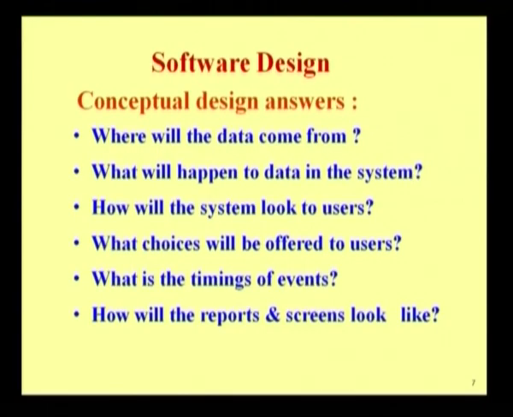Let us answer the first question, where will the data come from? If suppose I am trying to automate a student result management system, the data that has to be fed in as student records needs to come from a particular department. If it is on a particular subject, it has to come from the academic courses of a particular university.